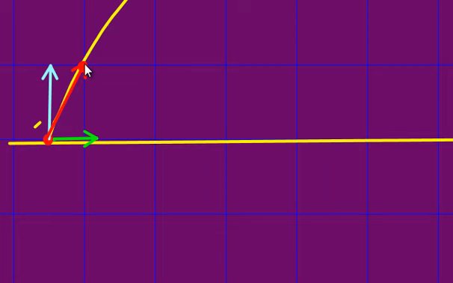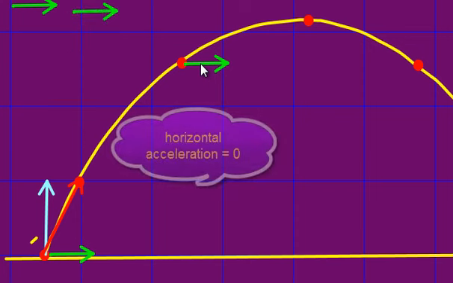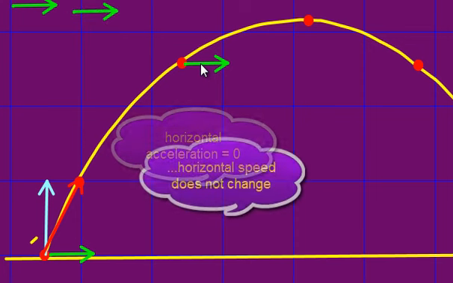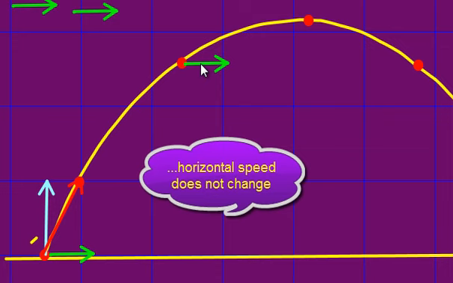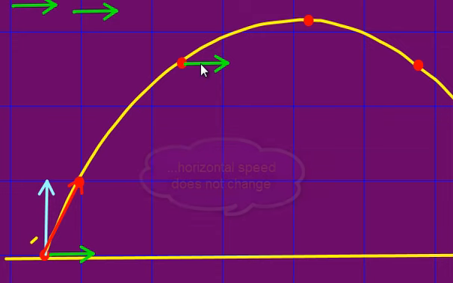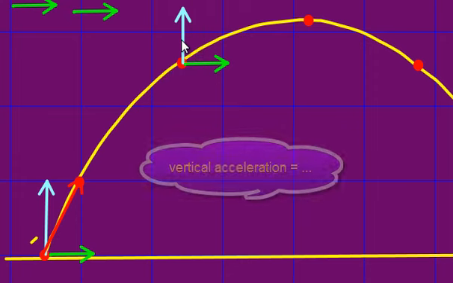Now, as the ball rises, I want you to consider how the velocity changes. Remember that in projectile motion, there is still no horizontal acceleration. That means that sometime later, when we come up here, notice that I have the same size green arrow to represent the same amount of horizontal velocity that hasn't changed. However, you'll see in this problem that because of gravity, the vertical velocity is changing. It's a smaller arrow.